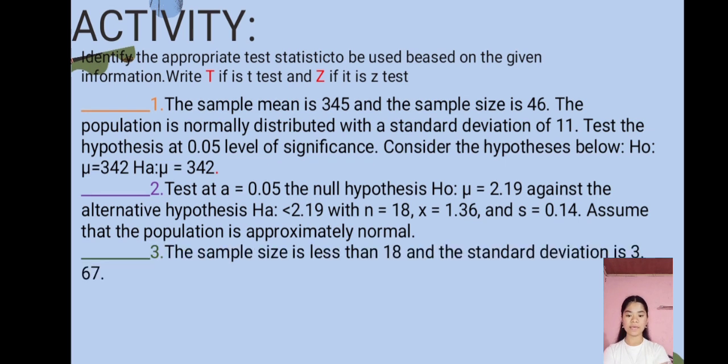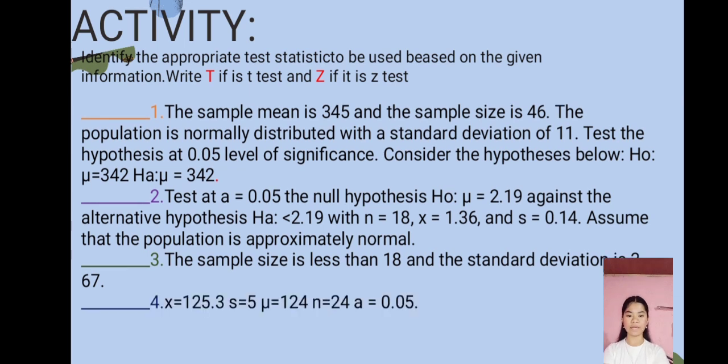Number 3. The sample size is less than 18 and the standard deviation is 3.67. Number 4. Sample mean is 5.3, sample standard deviation is 5, population mean is 124, sample size is 24, and the level of significance is 0.05.